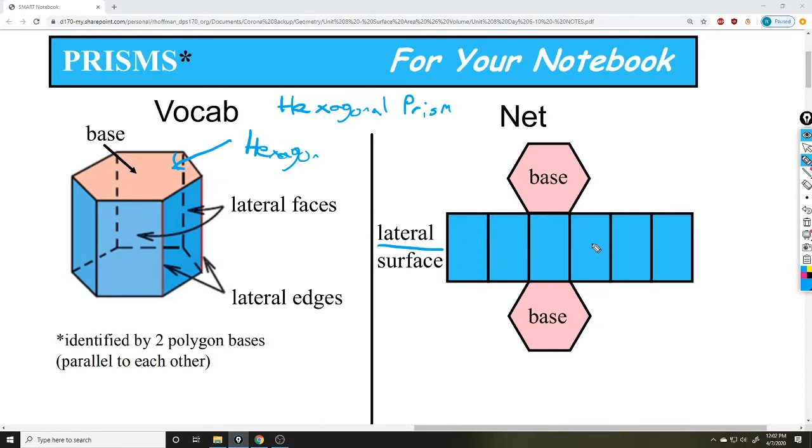And you'll notice that these are rectangles, which is going to happen in any prism. The lateral surfaces are going to be the rectangles. So when we find the area of this, we're going to use the area of a rectangle to do that. All right, so to recap, we name the shape in the prisms by the base, and the lateral surfaces are those rectangles that are not the base that make up the rest of the shape.